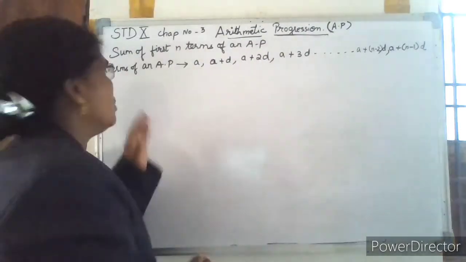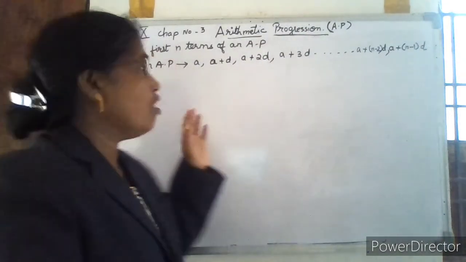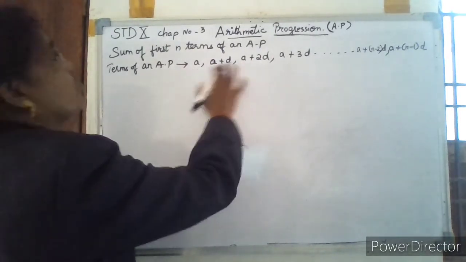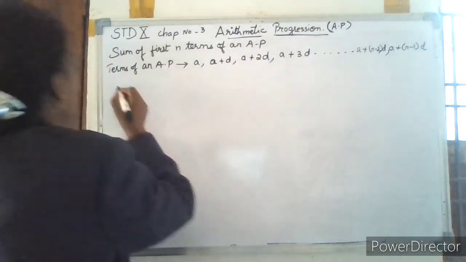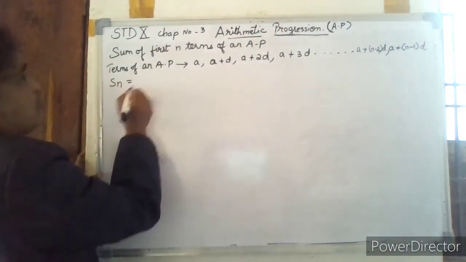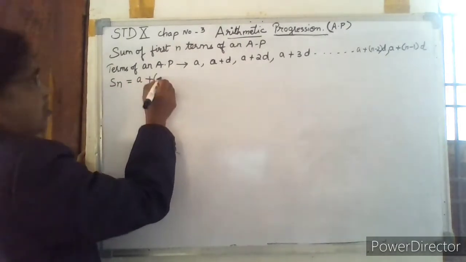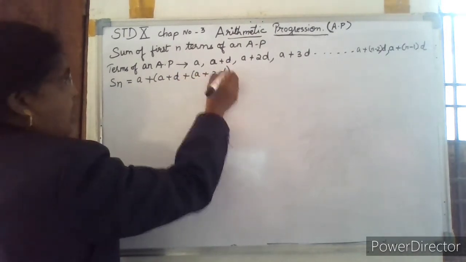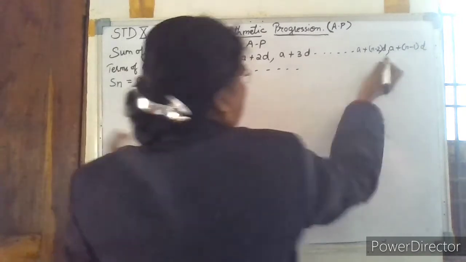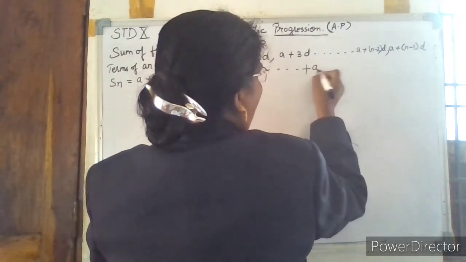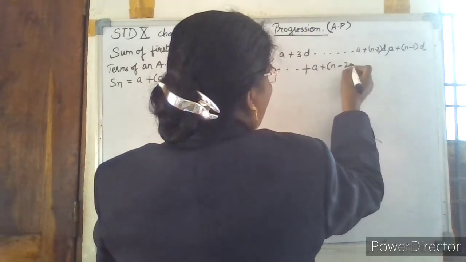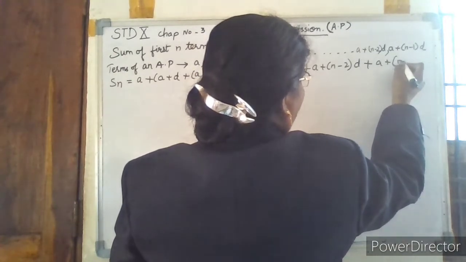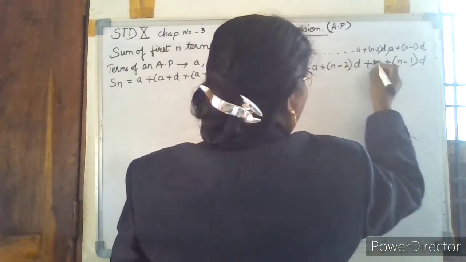Now, sum of n terms means you add these terms. So sum of n terms is equal to A plus A plus D, then A plus 2D and so on, plus A plus n minus 2 into D, plus A plus n minus 1 into D. We'll write it this way so that there is no confusion.